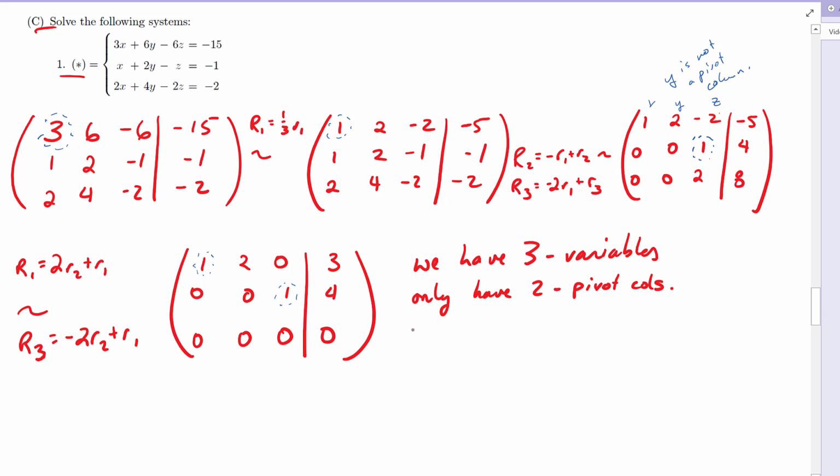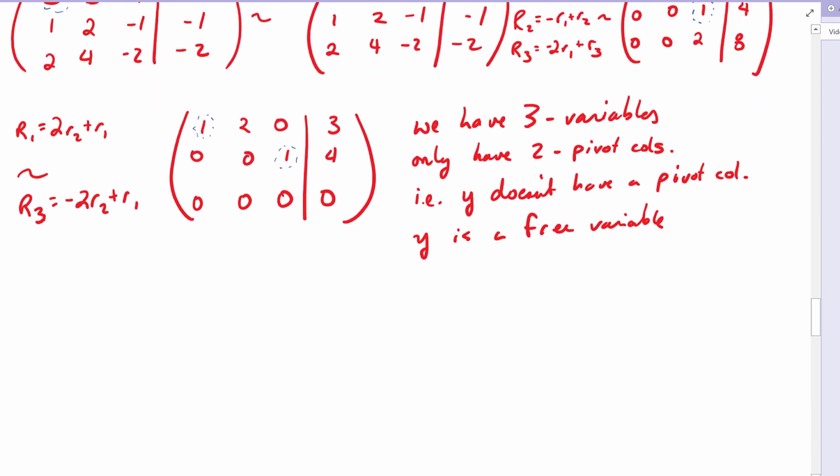Which means that one of the variables did not have a pivot column. Okay. So in this case, we're going to say y is a free variable.